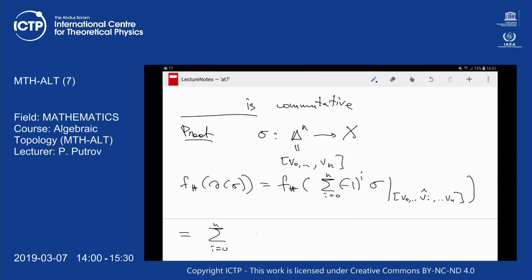So this is the composition of f with sigma restricted to this subsimplex.